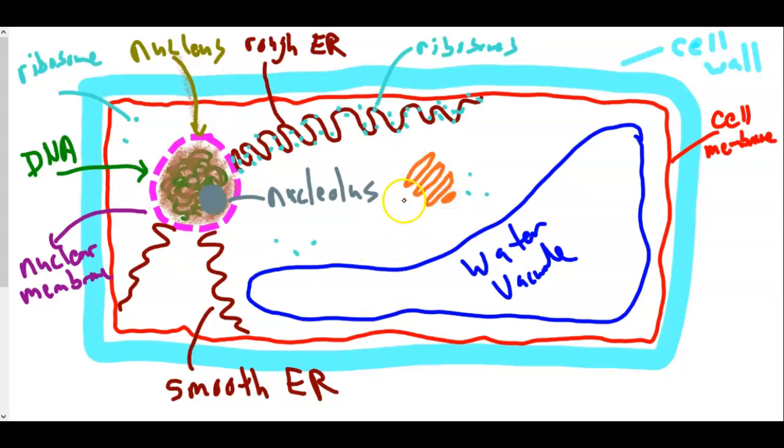And sometimes they're the same size, sometimes they're not. But then very often you're going to see little bubbles coming off the side. G-O-L-G-I bodies. Okay, and cells may have more than one of them. Maybe I'll put another one down here. Oops, got a little messy there, but that's okay.